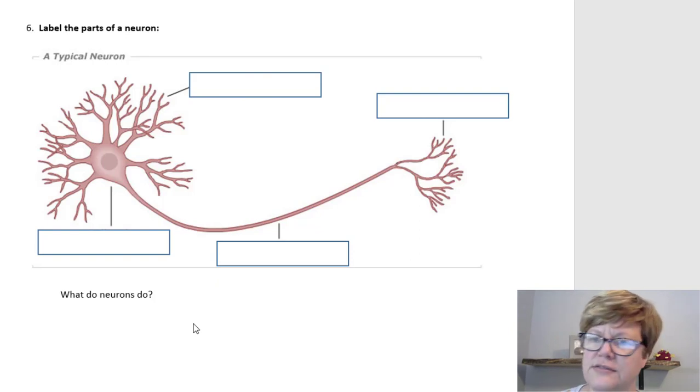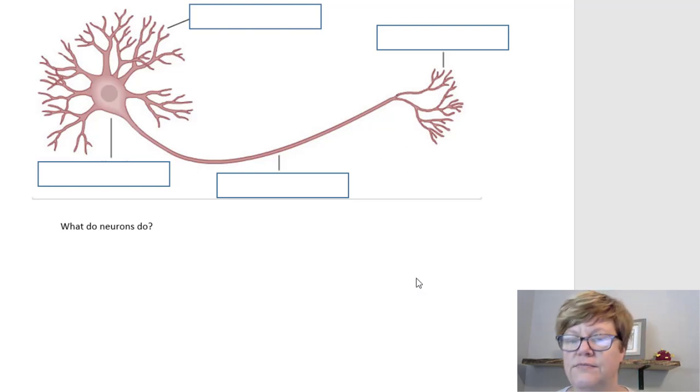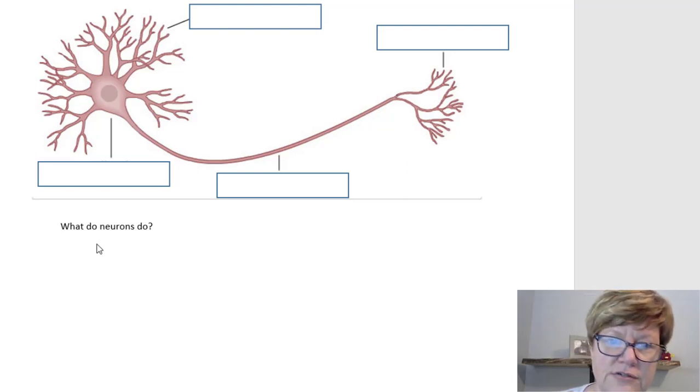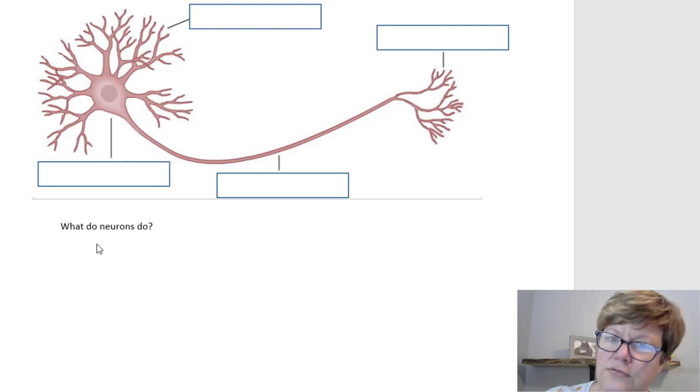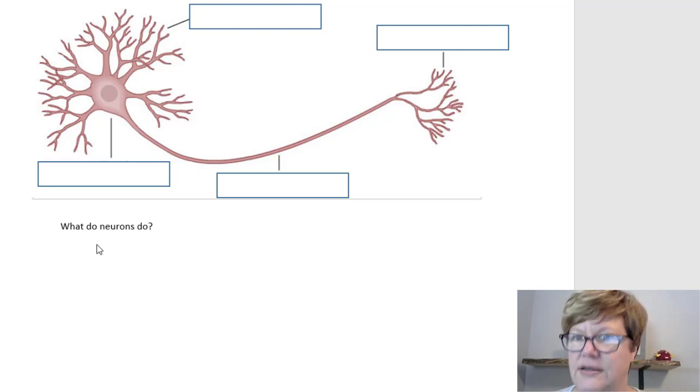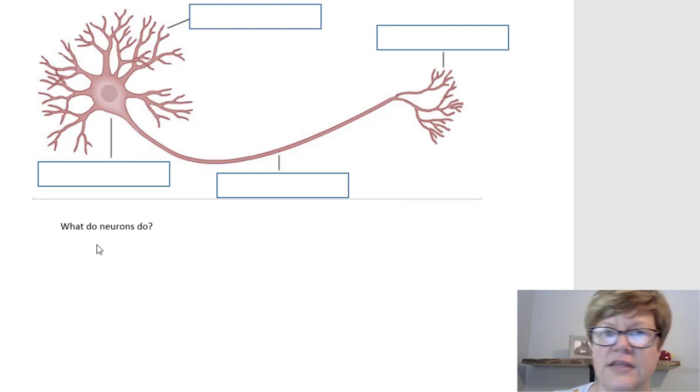So they carry electrical signals, which is why if you get hit by lightning, sometimes your heart stops, because the neural signal that stimulates the contraction of the cardiac muscles gets messed up, just like it blows out the electrical system in your house, it potentially blows out the electrical system in your body.